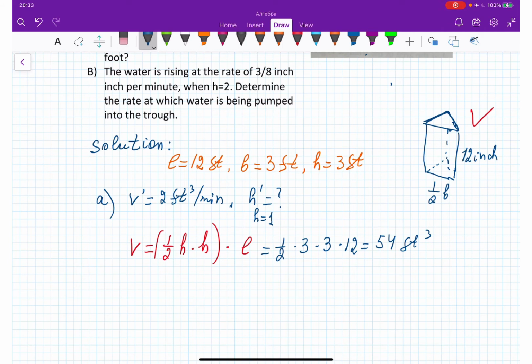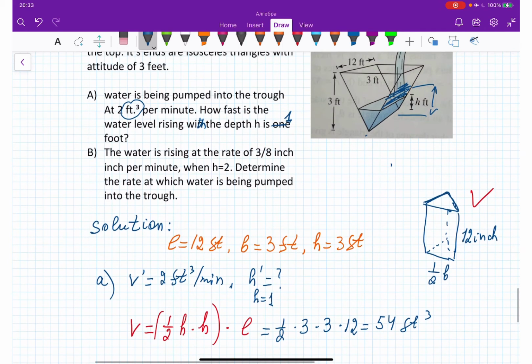All right, but we don't need to know the maximum, the prism full of water. All we want to know is how fast the water will be rising. So the rate of change for the height, knowing the rate of change for the volume.